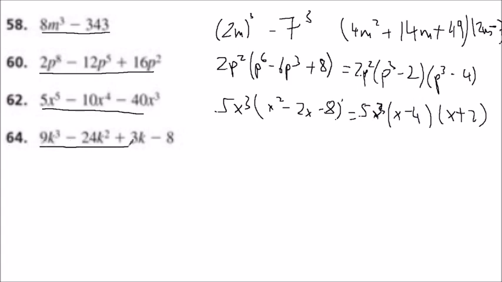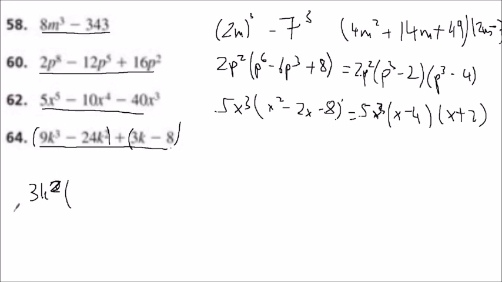Okay, 64. This might look a little intimidating, but the strategy is, if you ever see four terms like this, you can either find a common root and test for the root, or you can just factor the first two and then factor the last two. So in this case, what's the greatest common factor of 9k cubed minus 24k squared? It's going to be 3k squared.